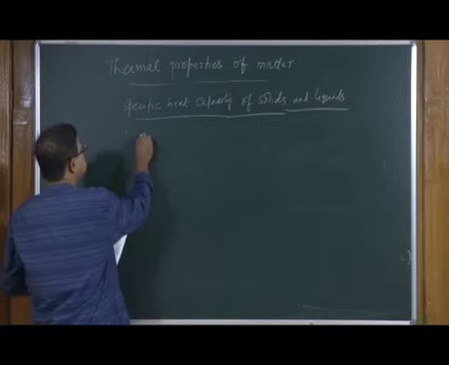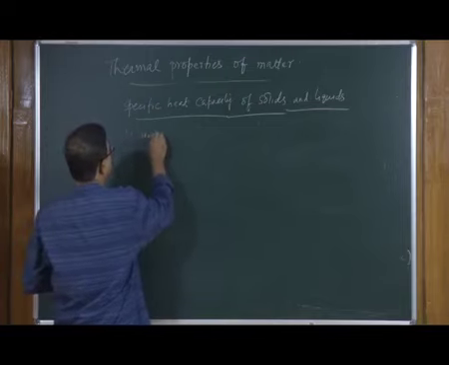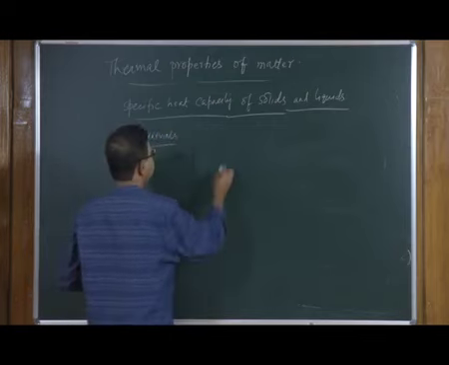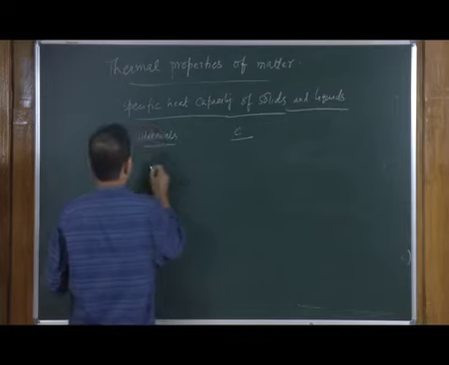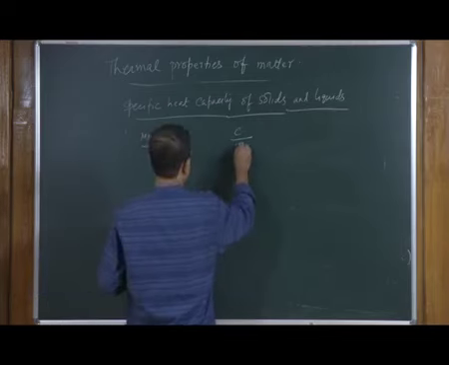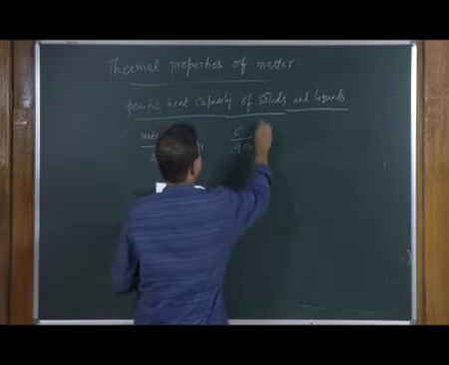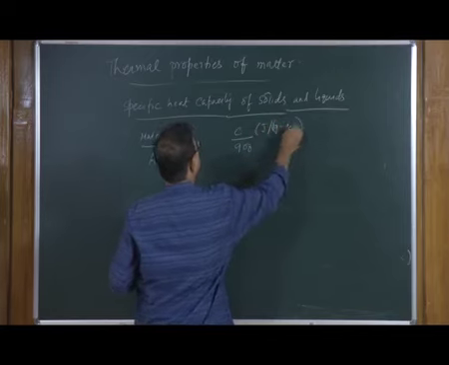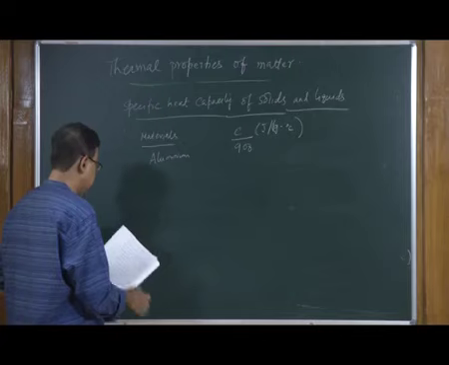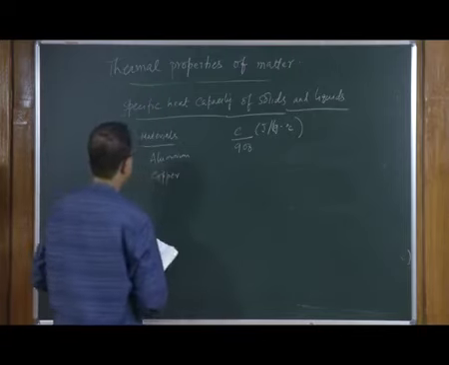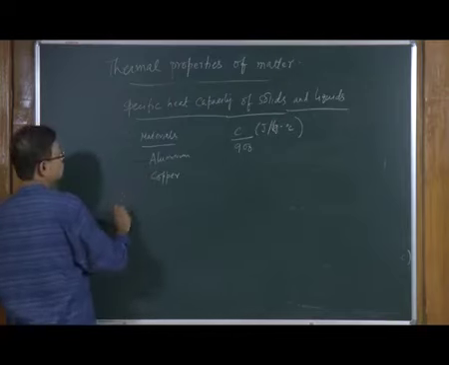And so, solid materials are: aluminum, so C is 900, in joule per kg degree centigrade.